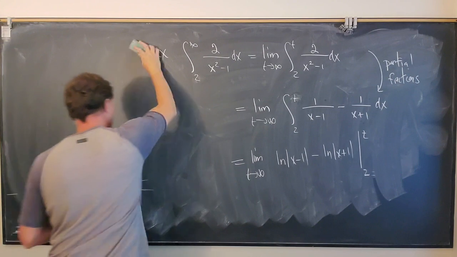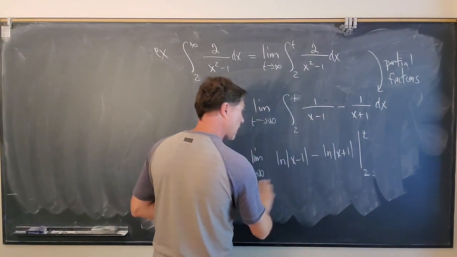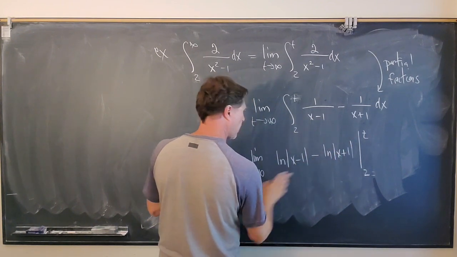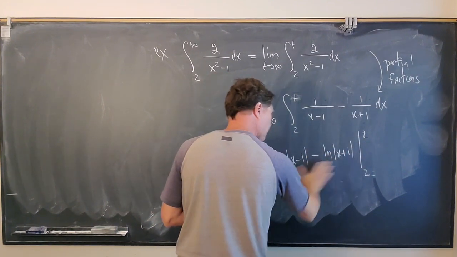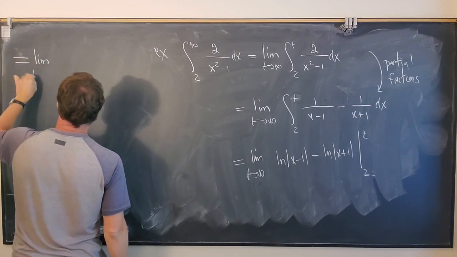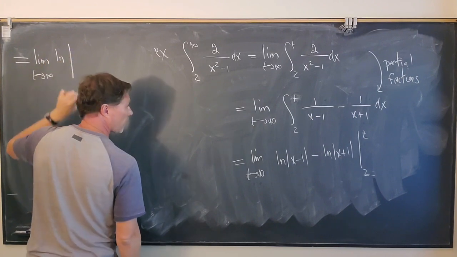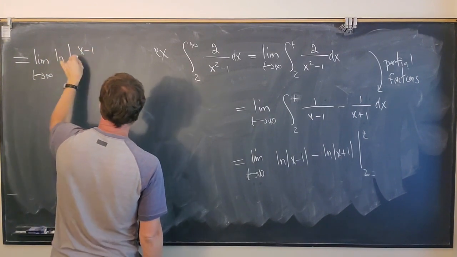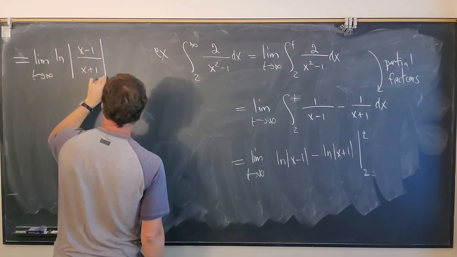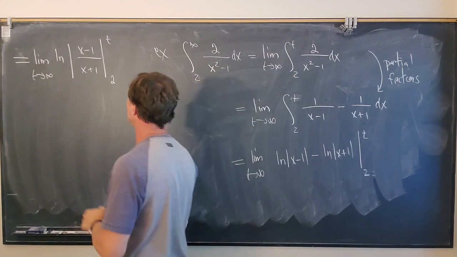Before I compute the limit, or actually before I even plug in the limits of integration, I'd like to simplify this using rules of log. So this is equal to the limit as t goes to infinity of natural log absolute value of x minus 1 over x plus 1, going from 2 to t.